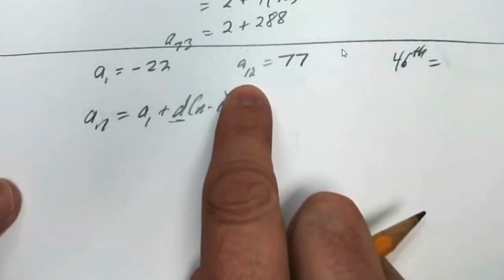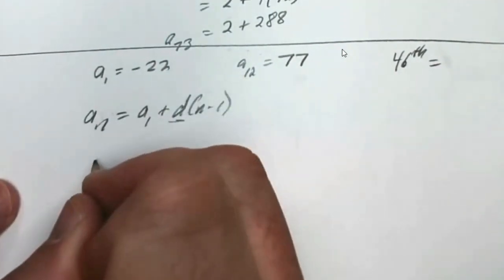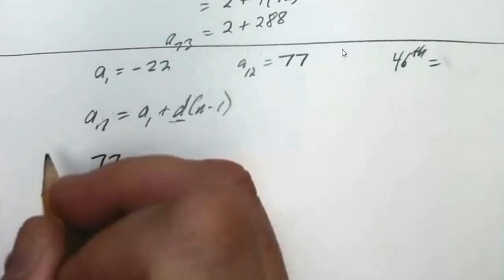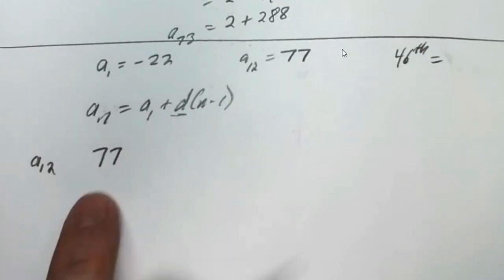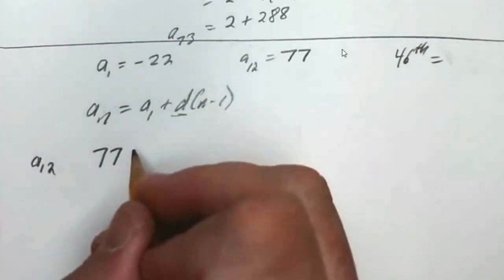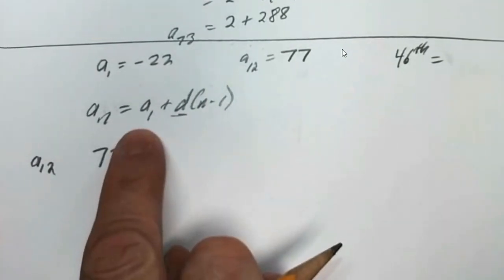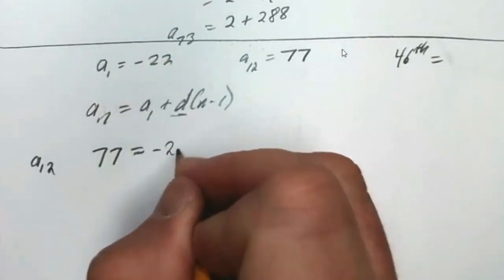So if we know the 12th, let's use this formula to figure out what D was. What's A sub 12? Well, A sub 12 is 77, right? We're using the formula to find A sub 12, which we already know the answer to. And we already know what the first term is because they told us. Negative 22.